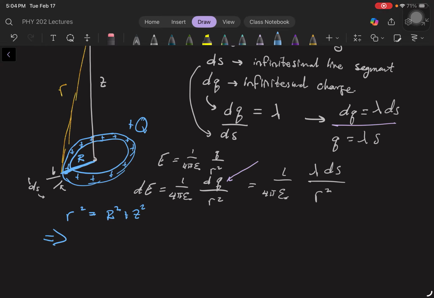And so we can go ahead and say dE is 1 over 4 pi epsilon naught lambda ds over R squared plus Z squared, with the idea being that R is some given constant.